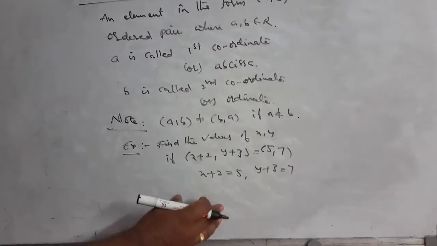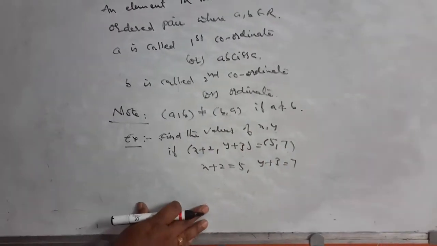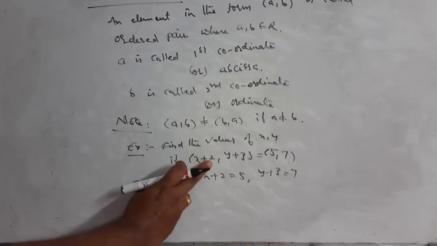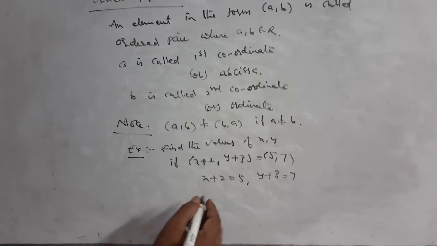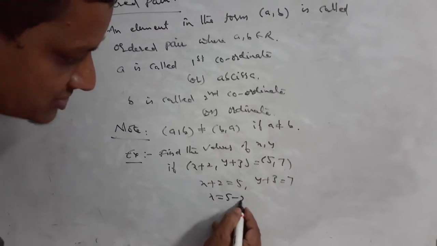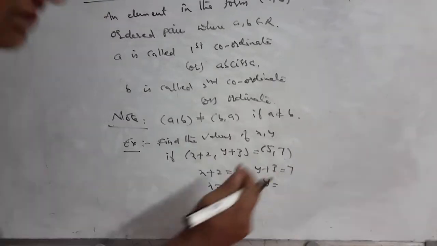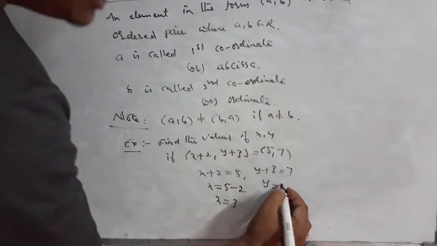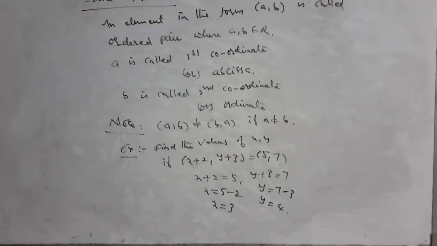In the ordered pair, the first coordinate equals the first coordinate, and the second coordinate equals the second coordinate. That means x plus 2 is equal to 5, y plus 3 is equal to 7. From this x is equal to 5 minus 2, so x is equal to 3. y is equal to, transferring 3 from the left side to the right side, 7 minus 3, so y is equal to 4.